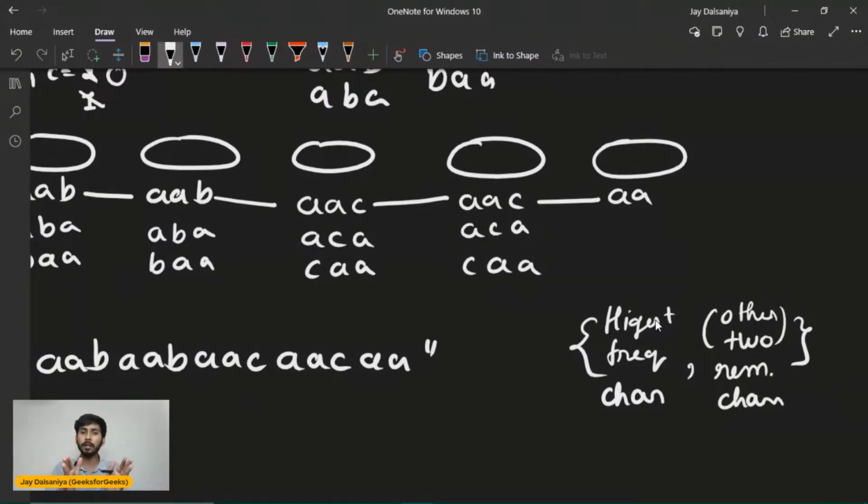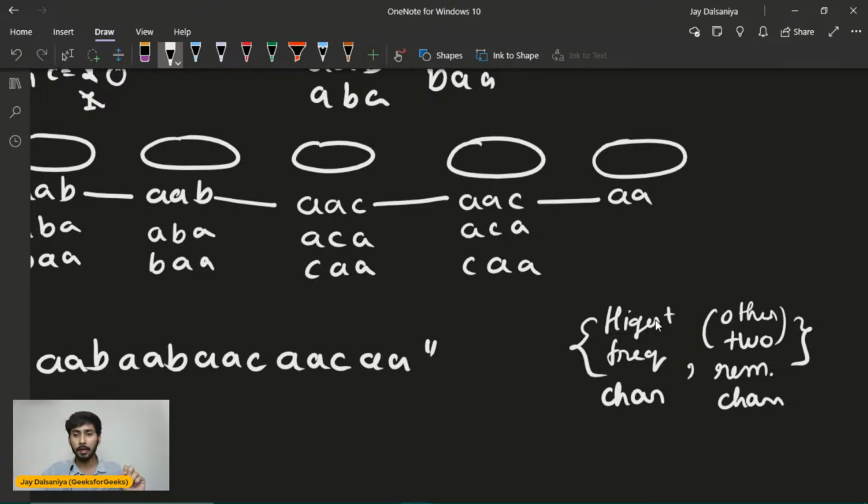So over here you can simply think that there are only two different types of characters. One is the highest frequency character, and the other one will try to place the highest frequency character separated from each other, such that they won't be consecutive three in the output string.